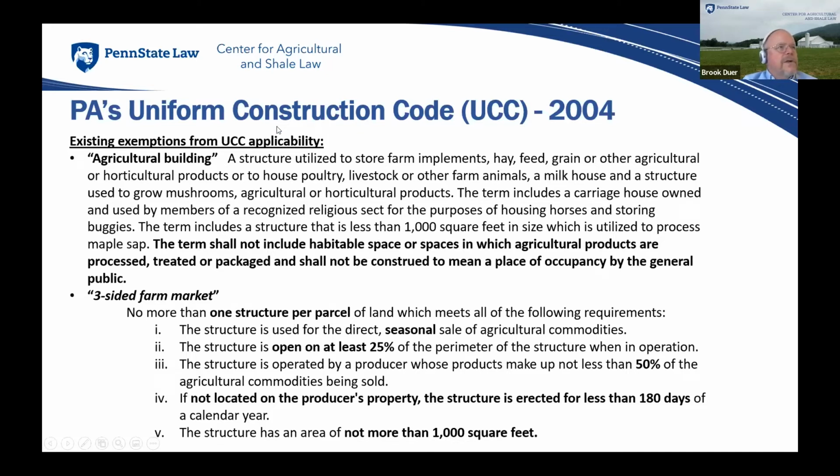And in this case, of course, the Uniform Construction Code, while generally enforced by the locals, unless they took a pass on it, as a few municipalities did in Pennsylvania.